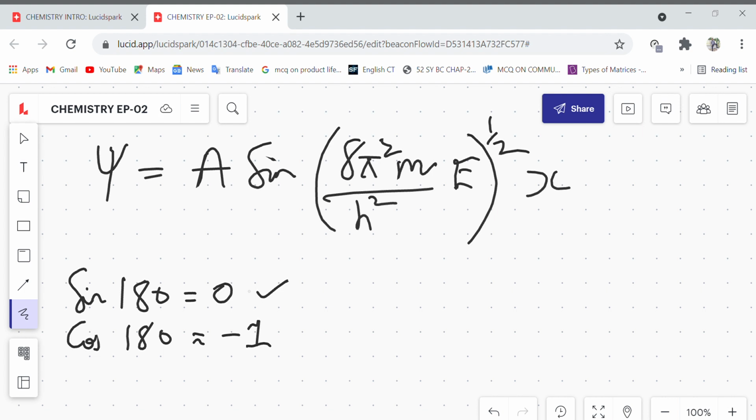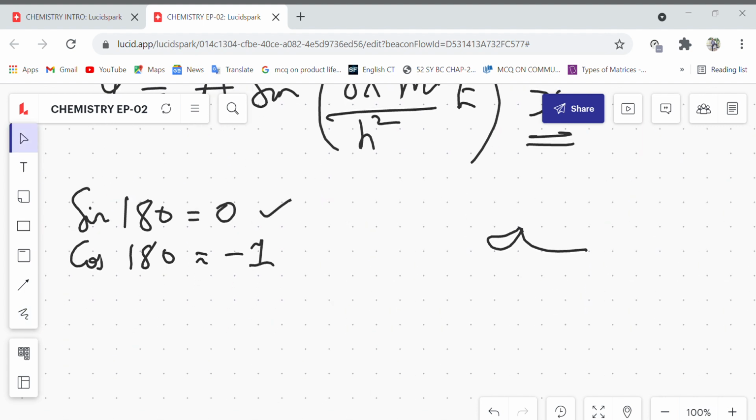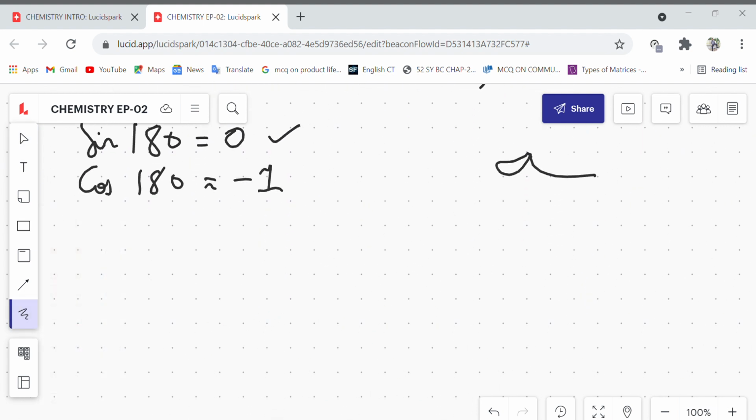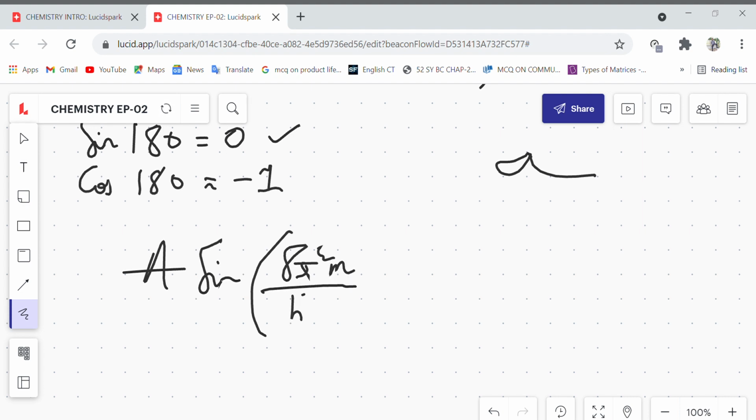So after this step, this x will become small a. Let's write the same thing here: A sine 8 pi square m by h square E whole to the power half into small a.